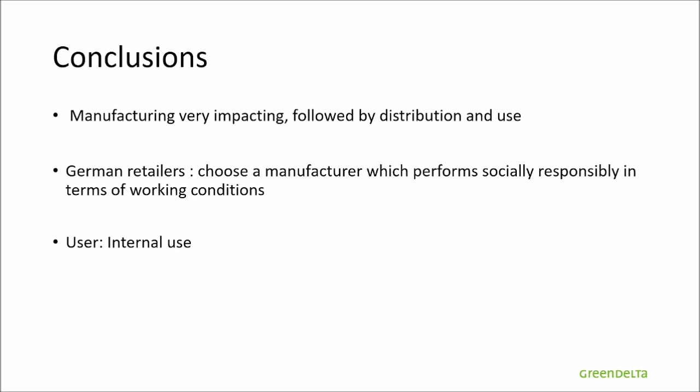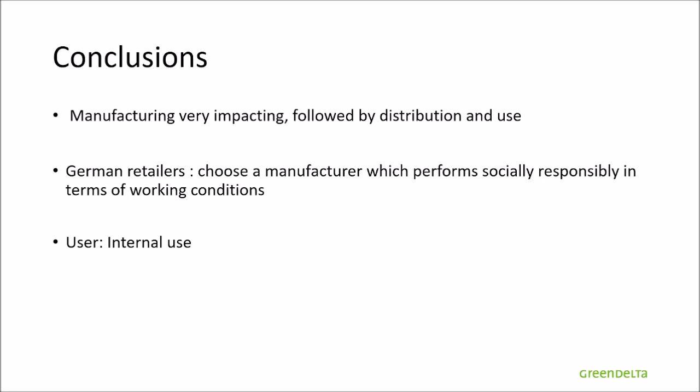So what can we conclude from this study? First of all, a large part of the potential risk lies in the manufacturing stage, even though the distribution and the use stage also share some impacts. Knowing that, a recommendation for German retailers would be to choose a manufacturer which performs socially responsibly, particularly in terms of working conditions.